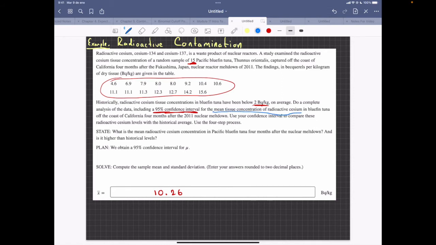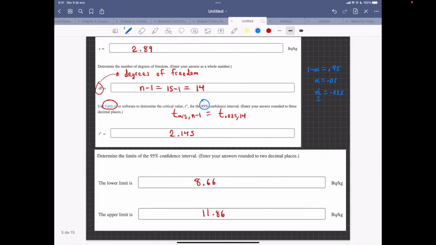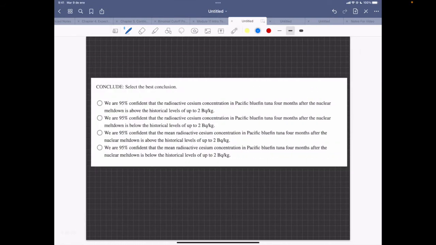So you need to identify what the parameter means in the context of the problem, so that you can state the conclusion. In this case, it's going to be: we are 95% confident that the mean radioactive cesium concentration in Pacific bluefin tuna 4 months after the nuclear meltdown is above the historical levels.